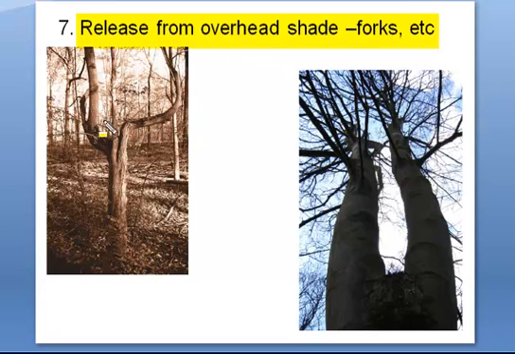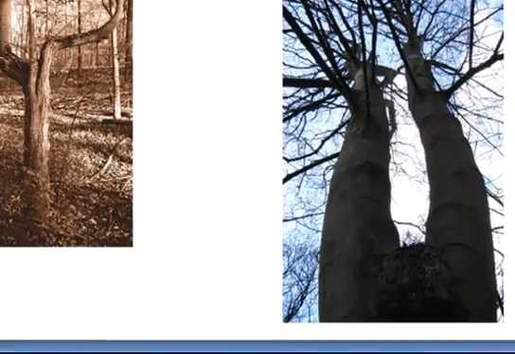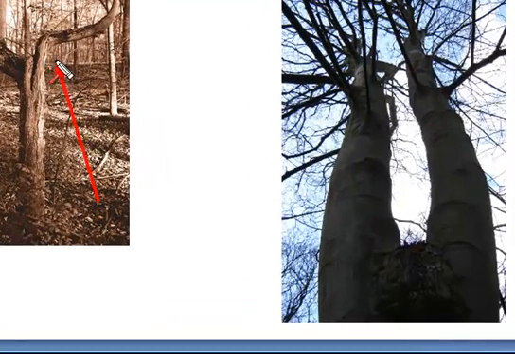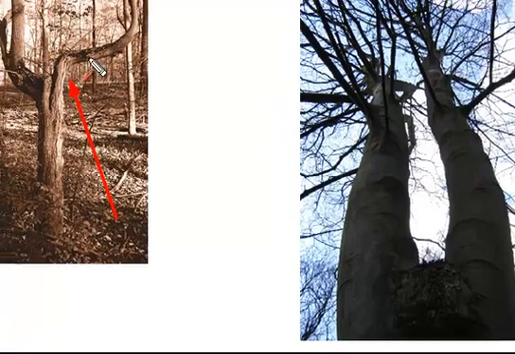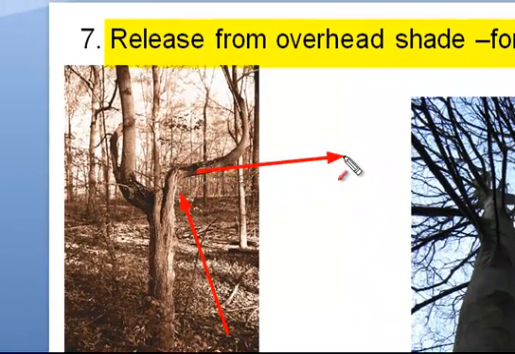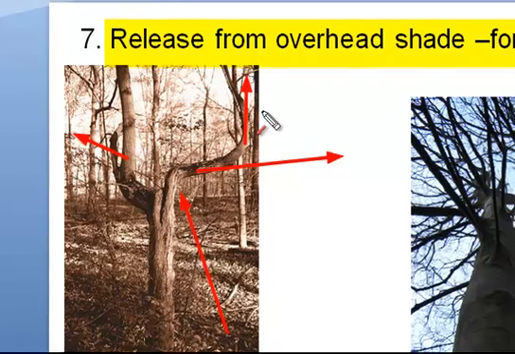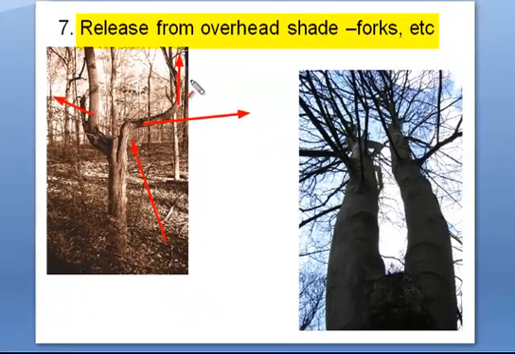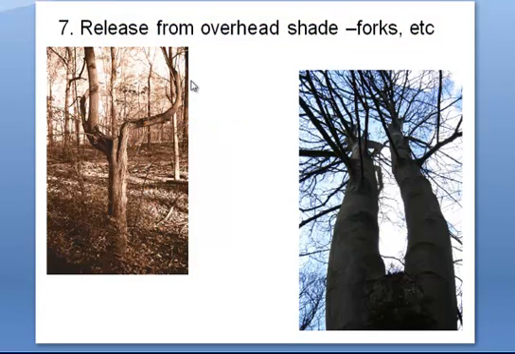Once a tree is in the understory, and as it grows and it gets damaged, quite often the branches will grow more across than they will straight up. And then when they're released, the branches start to head up, and the result is that you get these strange looking trees, and that is a disturbance to the tree.